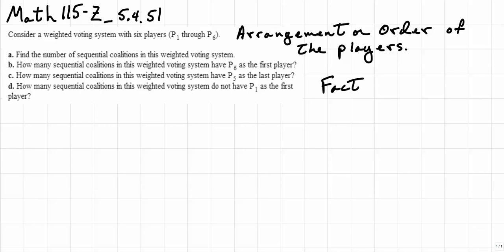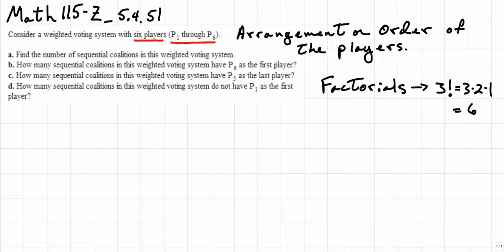Now remember what a factorial is. Simply stated, 3 factorial is equal to 3 times 2 times 1, which is equal to 6. In this case, we have 6 players, and we're going to label them P sub 1 through P sub 6.